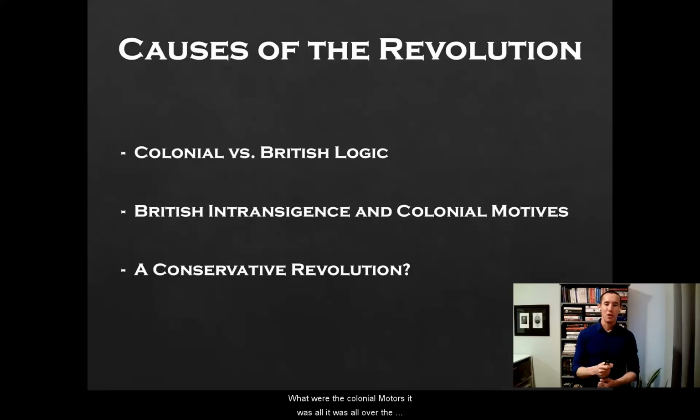What were the colonial motives? It was all over the place. George Washington was unhappy. He wouldn't have his land out west. There were Southerners that were worried. England had gotten rid of slavery and the South's economy depended on slavery. So there were some people that worried about that. John Hancock, the guy with the large signature, his job was a smuggler, breaking British law.